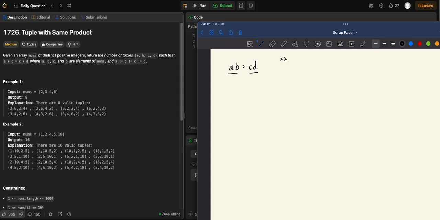And then we can swap B and A. Swapping B and A would give us another twice as many possibilities. And then the same for CD. So I think this is where the 8 comes from.